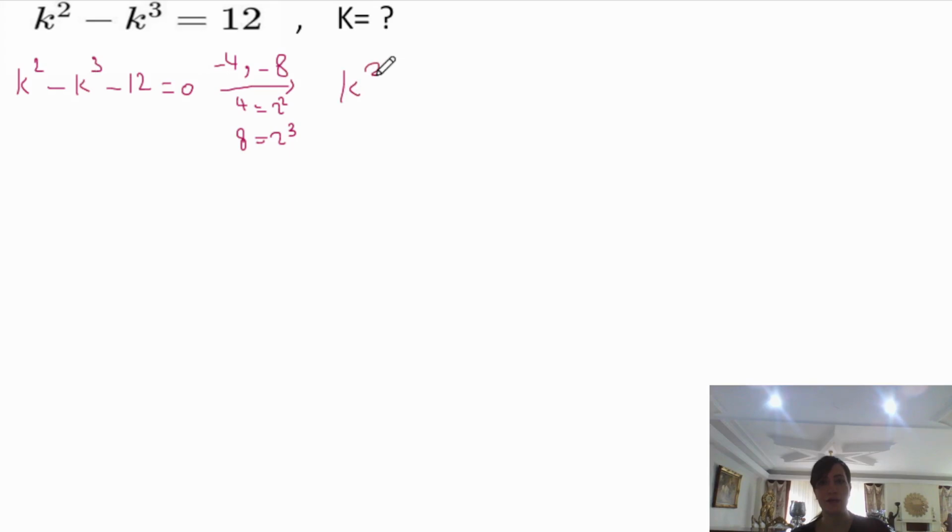k squared minus k cubed minus 4 minus 8 equals 0. Now I get two square terms with each other and two cube terms with each other. So I write k squared minus 4.